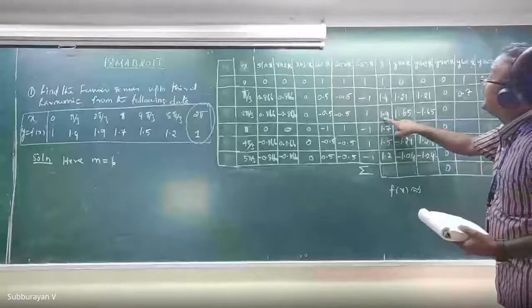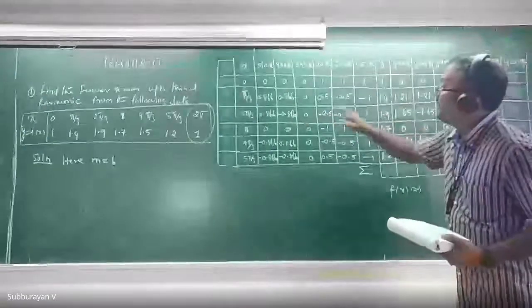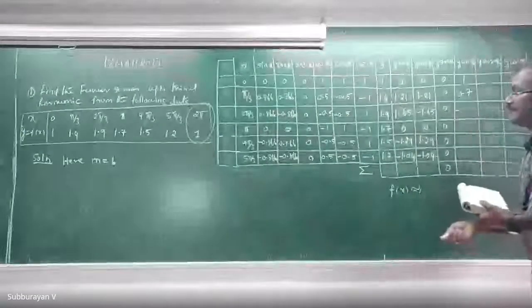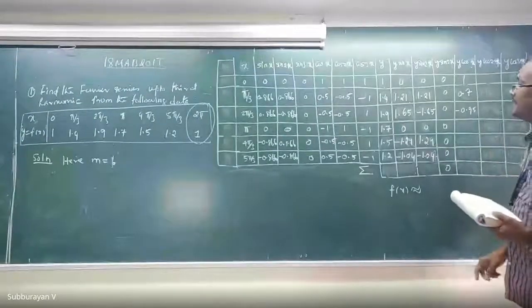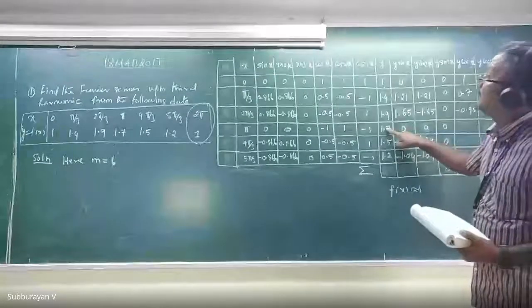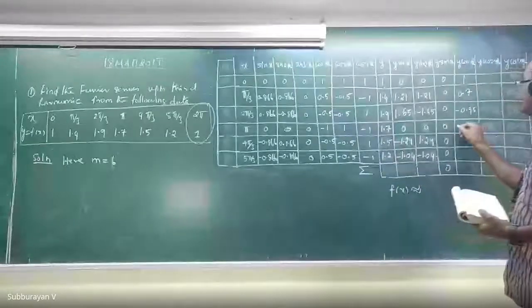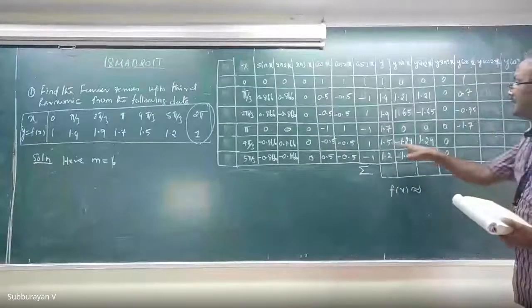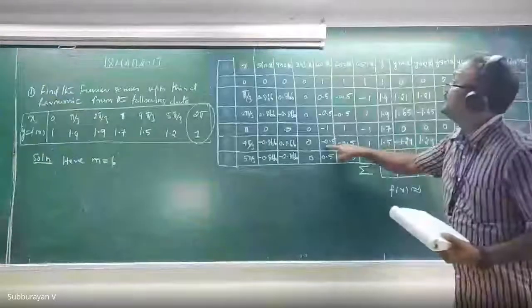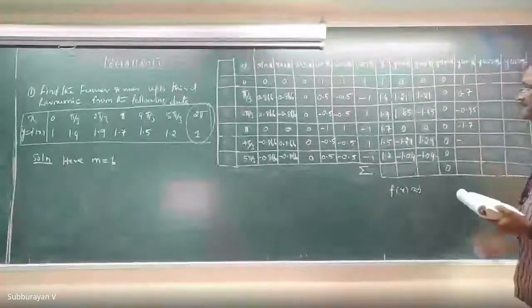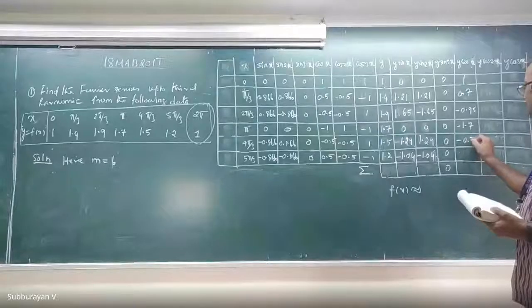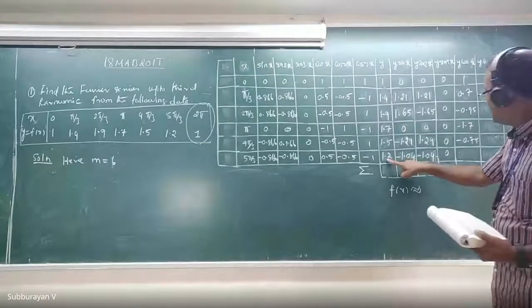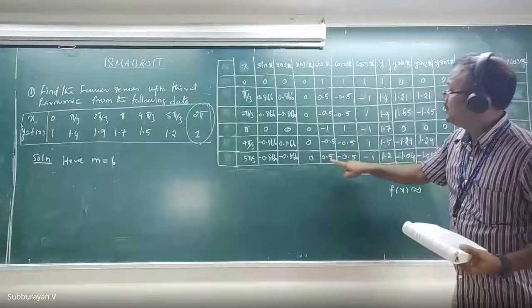Now 1.9 into minus 0.5, so minus 0.95. And 1.7 into minus 1, so minus 1.7. Here 1.5 into minus 0.5, therefore minus 0.75. Now 1.2 into 0.5.